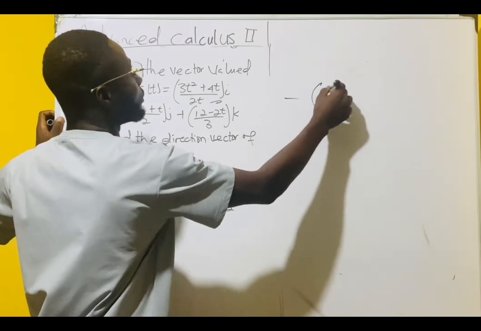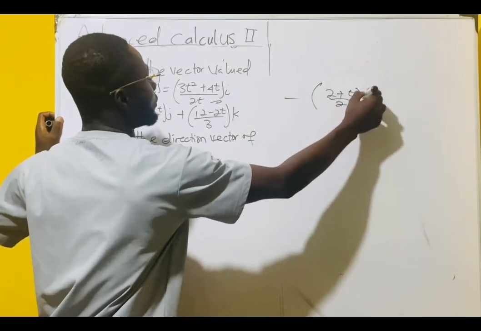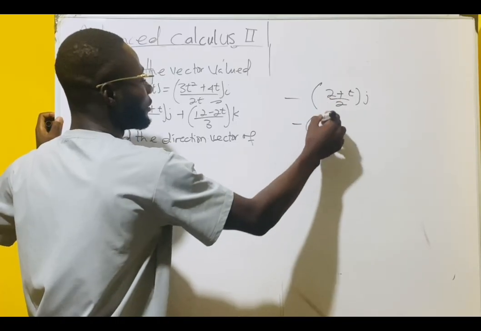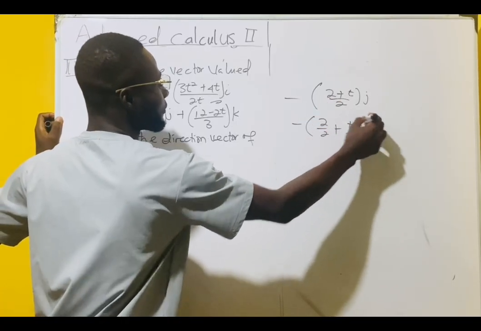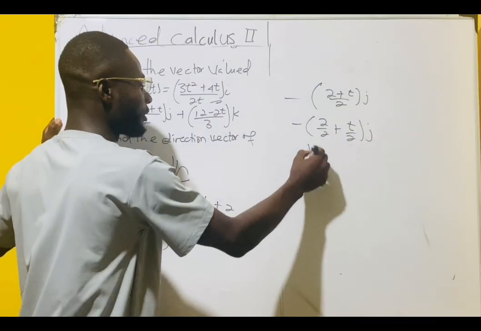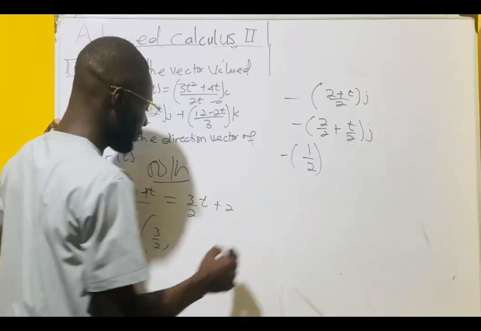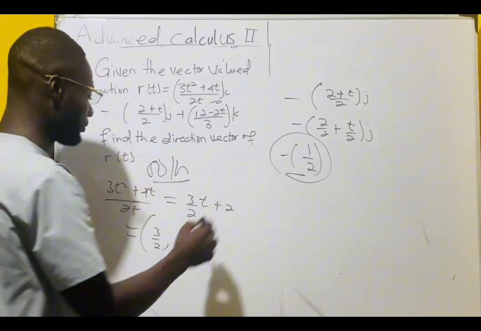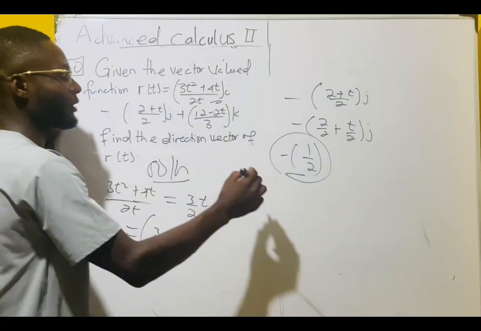Minus 2 plus t all on 2 j, right? So when you simplify this, we're going to have this, right? So when you differentiate this, we're going to have what? Half inside minus j. So meaning that we have the second part to be what? Minus half.